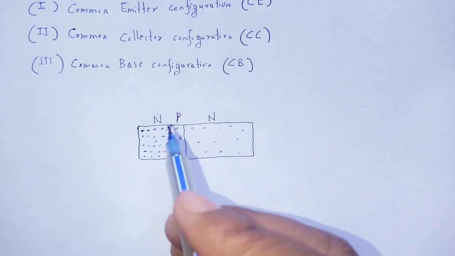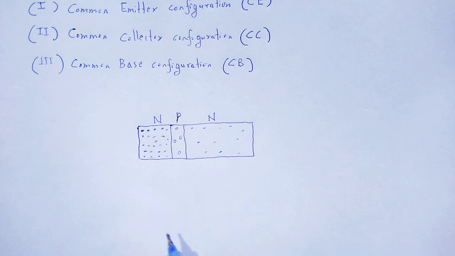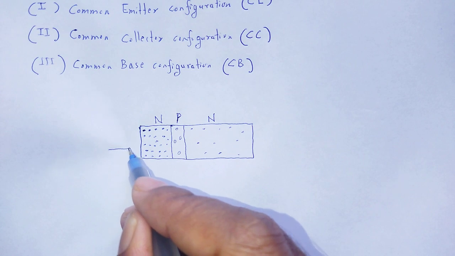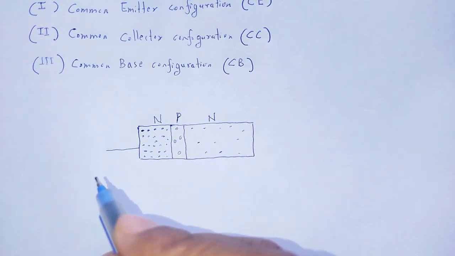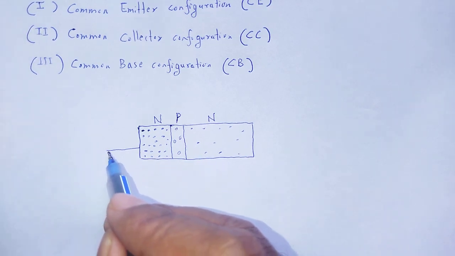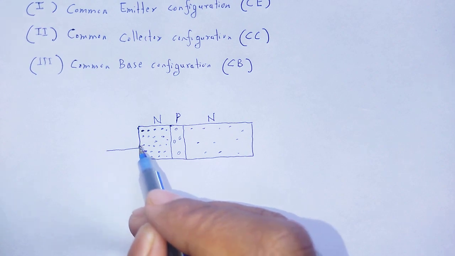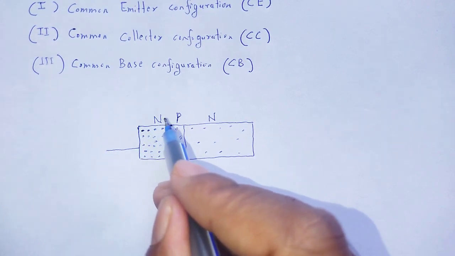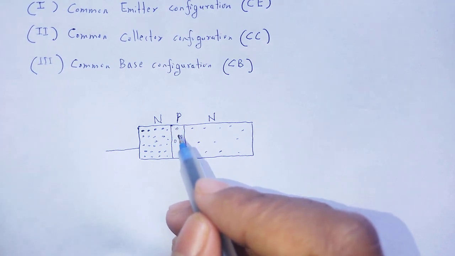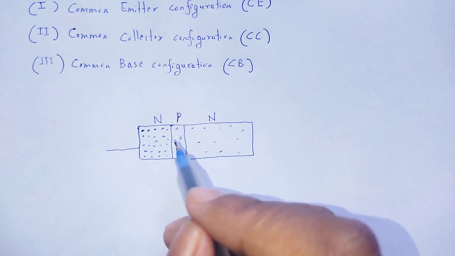We configure that NPN transistor as common base configuration. That one is the base. An important point we notice here: a transistor is active when its emitter base junction is forward biased and collector base junction is reverse biased.